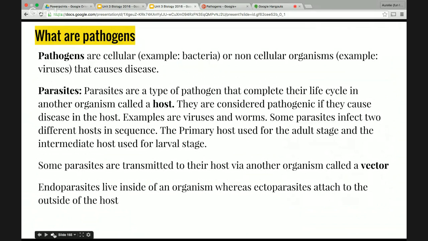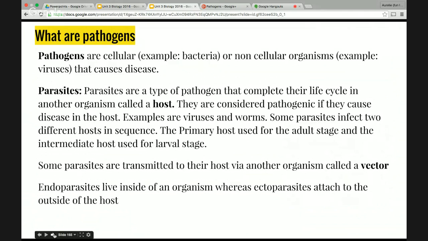Now, a parasite is only considered pathogenic if it actually causes disease in the host. If they do not cause disease, then they are not pathogenic. Some parasites infect two different hosts in sequence: the primary host, which is used for the adult stage, and the intermediate host used for the larval stage.